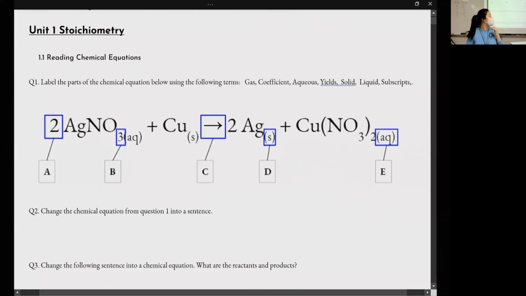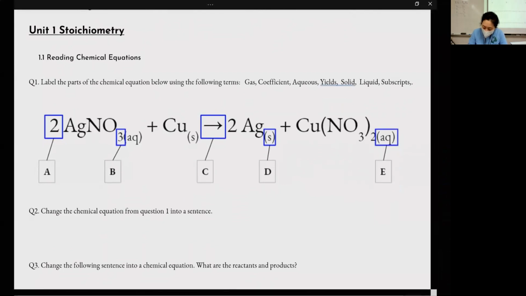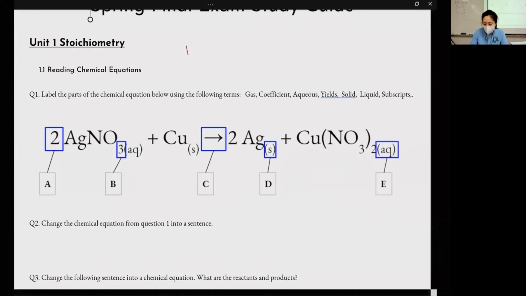And then what we're gonna do first is label each part. In the chemical equation, you are able to find the reactant and the product. The reactant and product are divided by the arrow symbol.